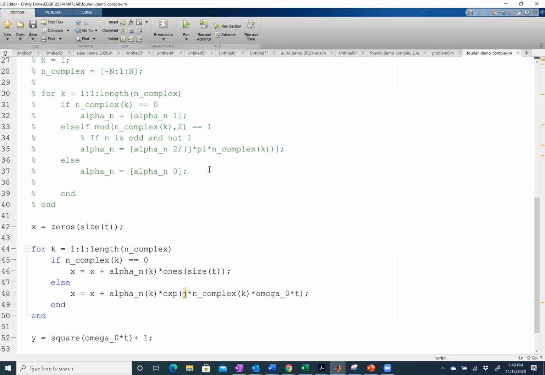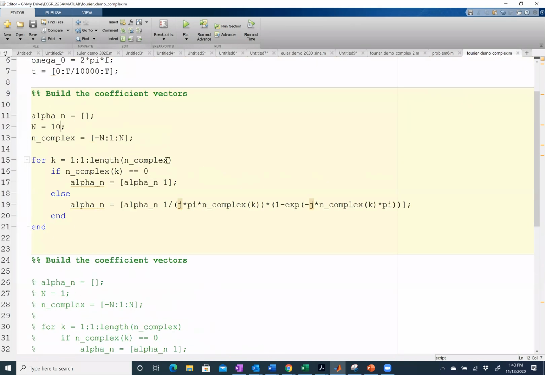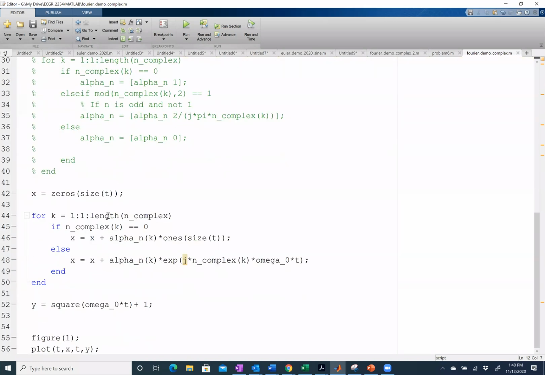Here is where I loaded up my alpha vector. Here is where I'm loading up the x vector. I made x is 0 size t, and I'm looping through the length of that n complex vector.